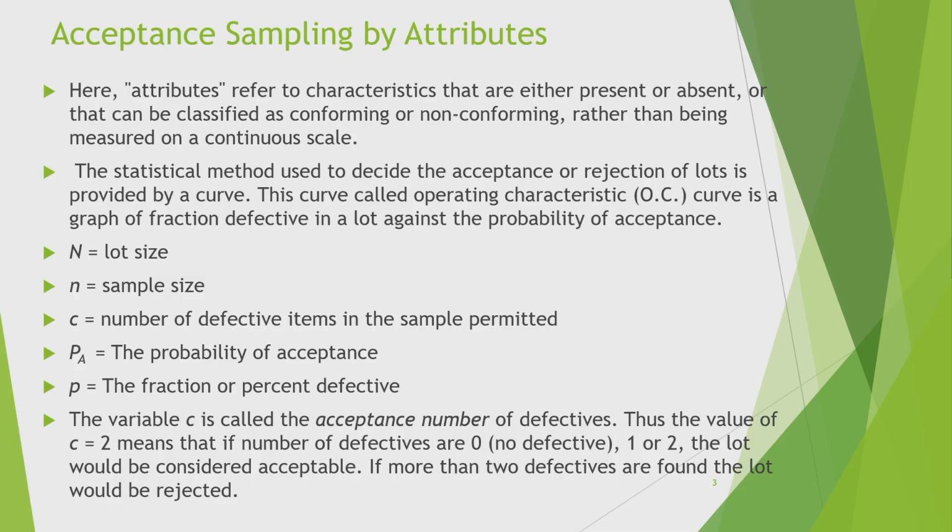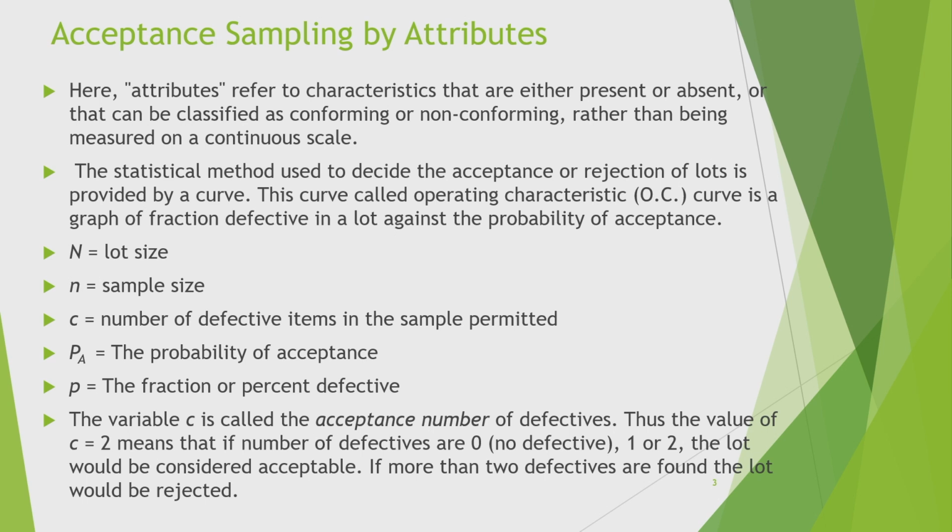Such a curve we can plot, so that both manufacturer and purchaser know the probability, because ultimately it is based on probability. Therefore both agree to that type of plan, and then they can take a decision. That curve is called the operating characteristic curve.